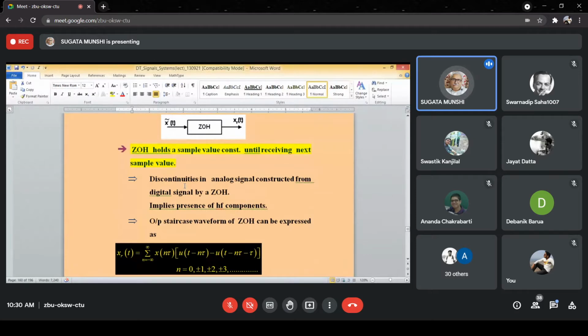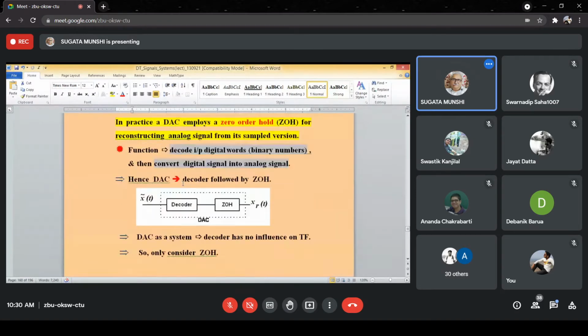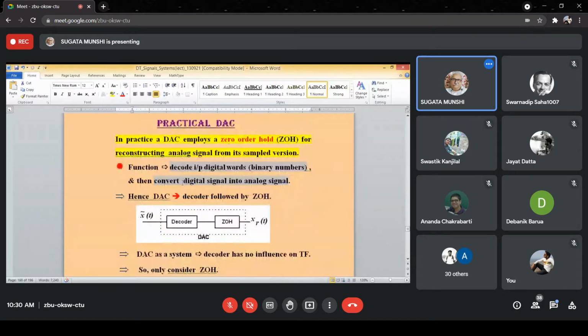So right up to this one, then I'll proceed. That staircase signal that I have drawn, you can easily write down the expression for that staircase signal from your knowledge of signals and systems.